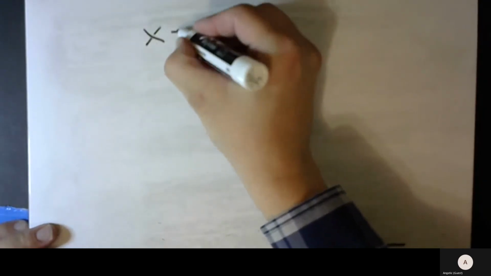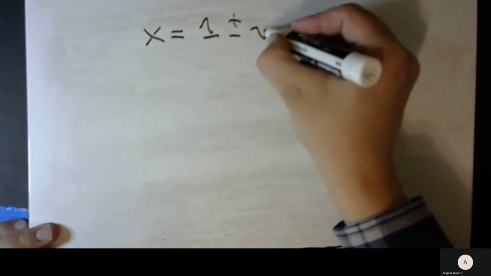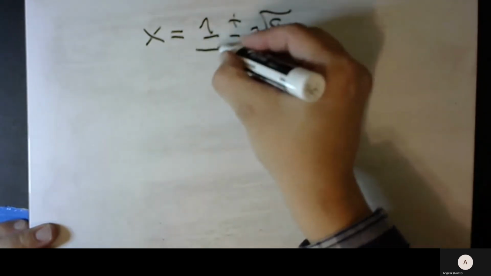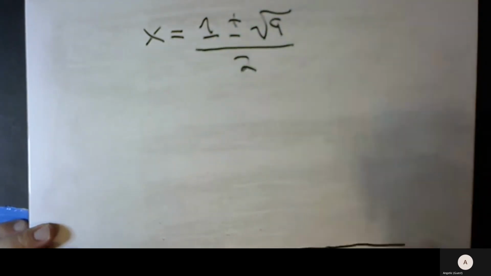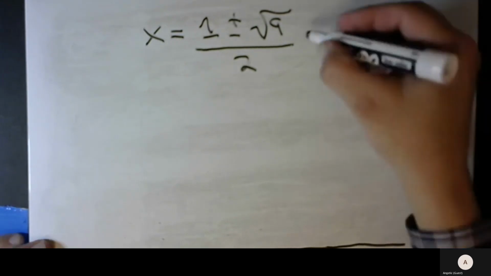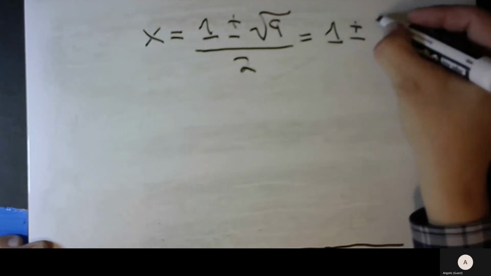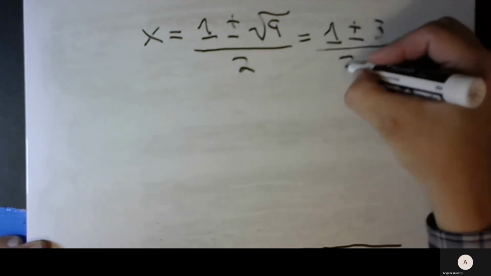We'll get x is 1 plus or minus the square root of 9 over 2, or 1 plus or minus 3 over 2.